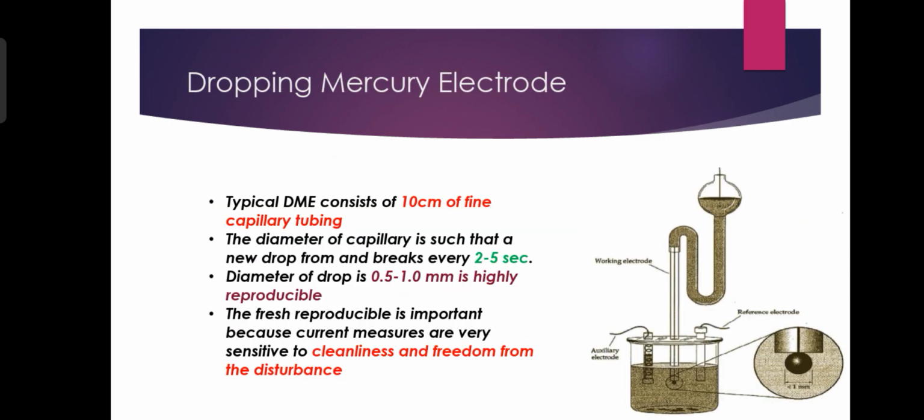Next I come to the dropping mercury electrode. What is the dropping mercury electrode? The first section, where the mercury reservoir, capillary tube and platinum wire are, is our dropping mercury electrode.